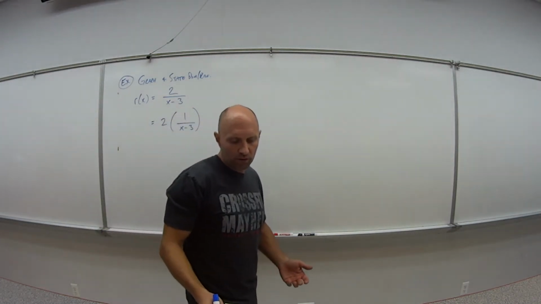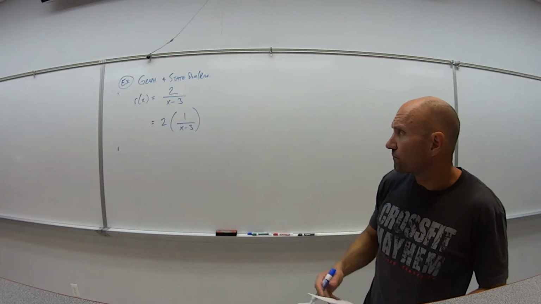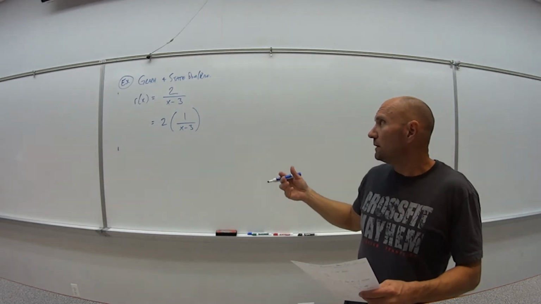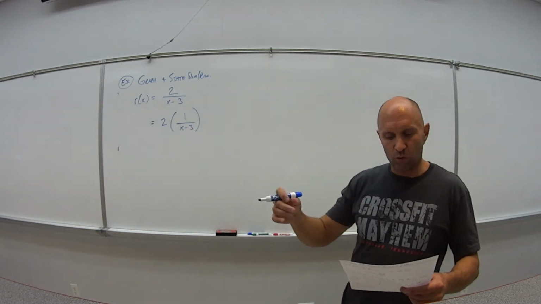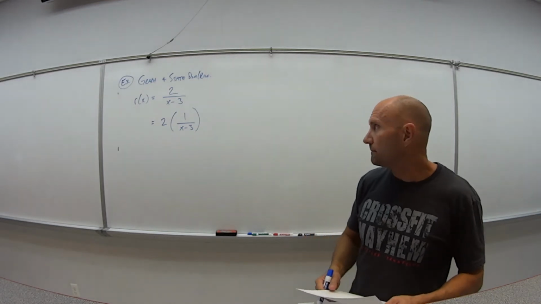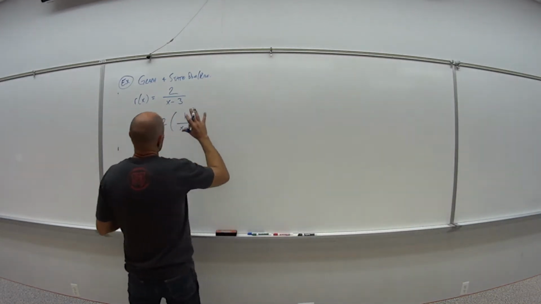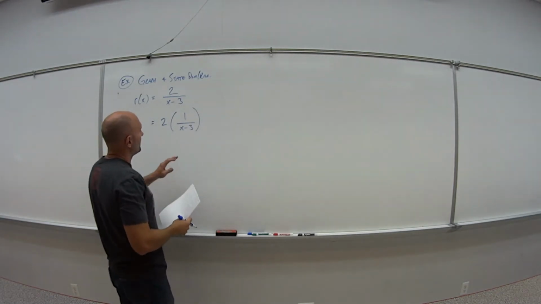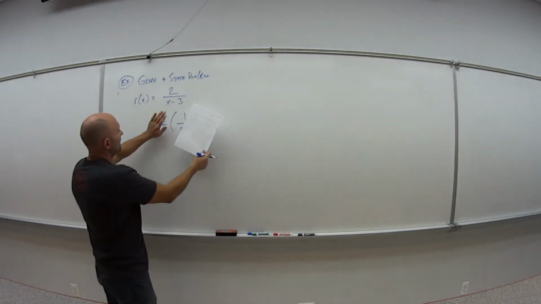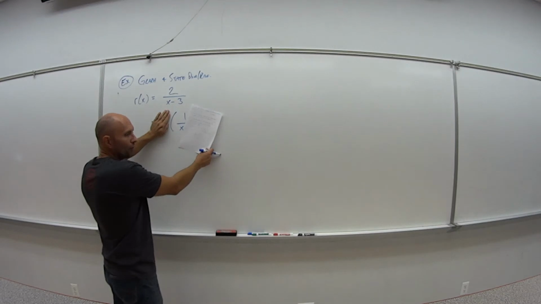The reason I do this is what? Well, that 2 now becomes a multiplier. So what does it do? It doubles it, right? But just as before with my transformations, I start with my base function, which is 1 over x.